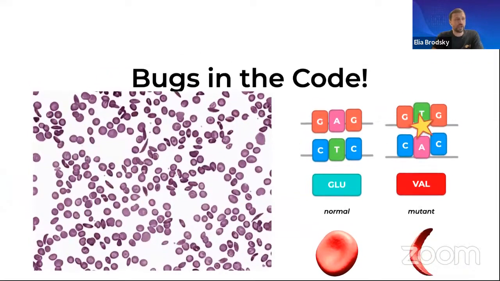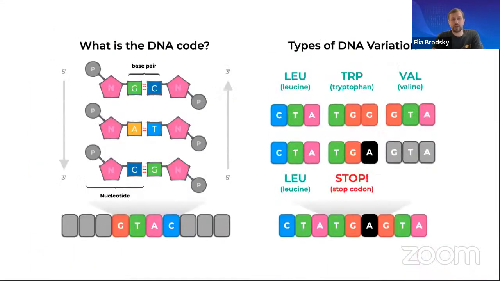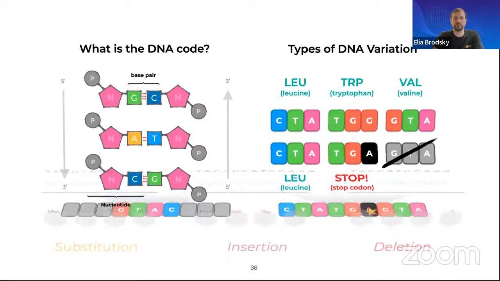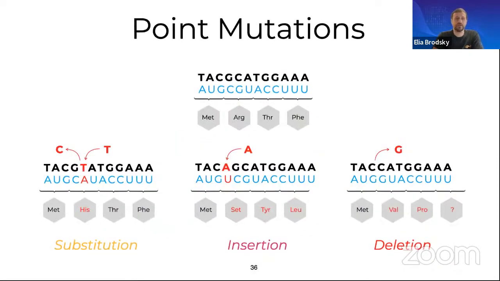What we will also look at is how we can start characterizing these mutations and start understanding their functionality, how individual nucleotides form nucleotide codons, and how changes in specific positions in these tricodons result in a change at the amino acid level. We will talk about different types of point mutations, like substitutions, insertions, and deletions.